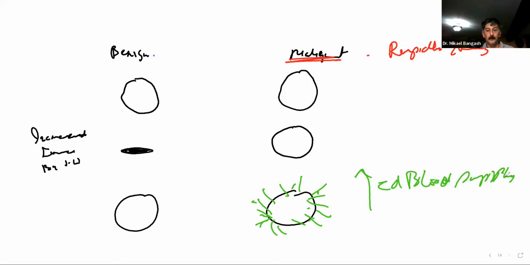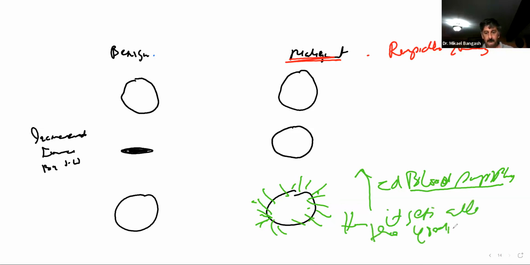Right, where you mainly will say is why does it need this rich blood supply? Why does it get this rich blood supply? Mainly because that's going to be how it gets all the goodies that the blood carries.